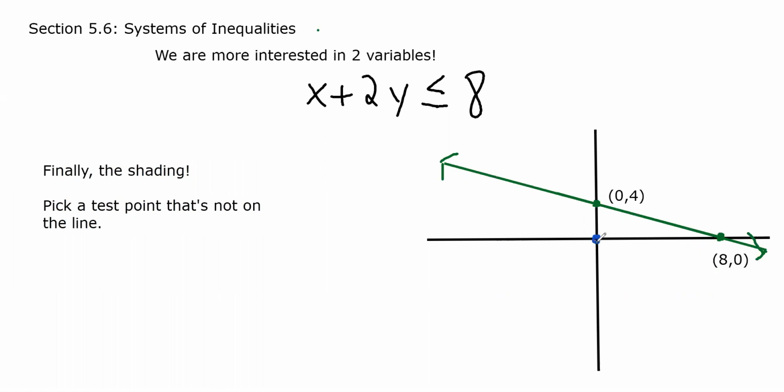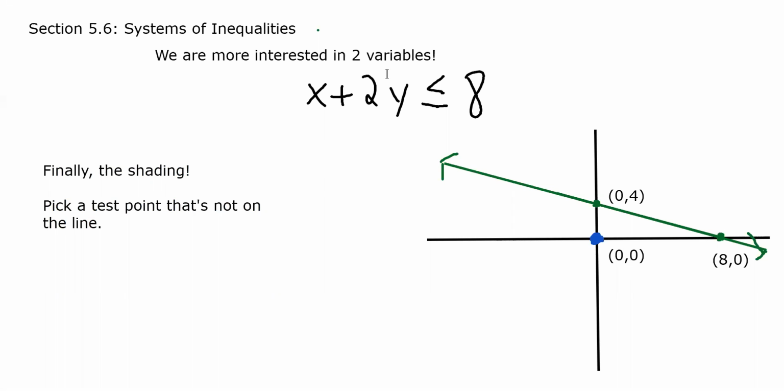If I were to pick the origin, which is almost always a good test point to use unless the line crosses through it, you can't use a test point that's on the line itself. But as you can see, the origin, the point 0, 0, is not on the line at all.